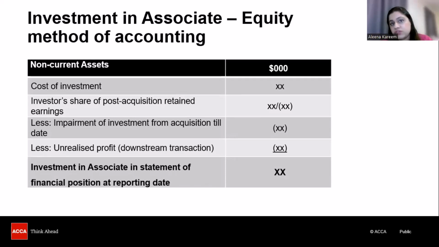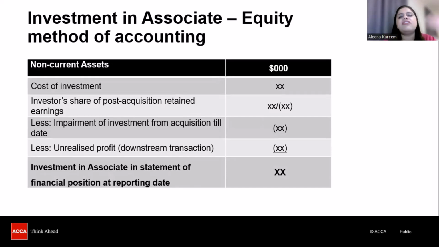At times there is a loss, so you have to attribute the loss also. It's not just the profit. Then impairment of investment from acquisition till date. So if the question tells you that there is an impairment, please do keep this in mind that in case of associate, there is no calculation of goodwill at the date of acquisition. Whatever goodwill we have paid for, so what is goodwill?